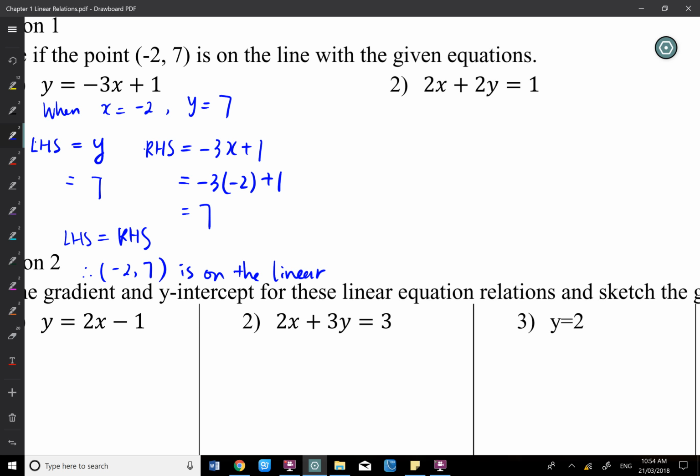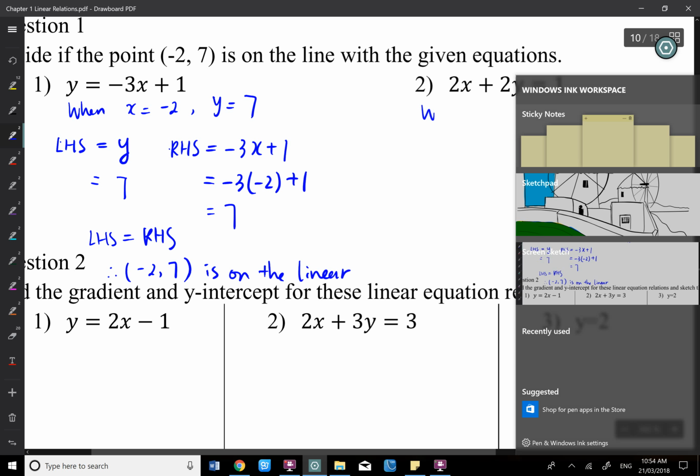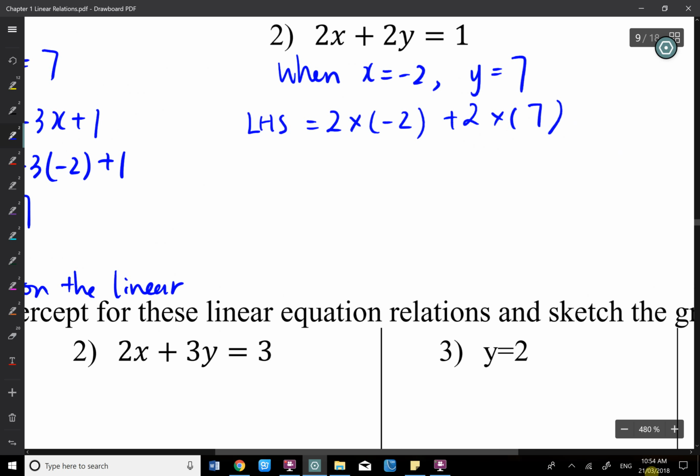Second one, 2x plus 2y equals 1. Still, I will say when x equals -2, y equals 7. Left hand side equals 2 times -2 plus 2 times 7. Substitute that in, and that's -4 plus 14, which gives me 10.